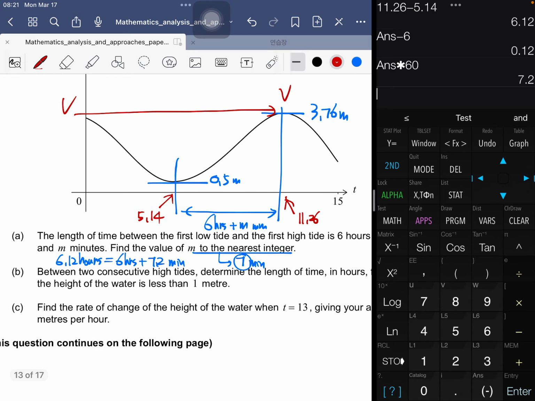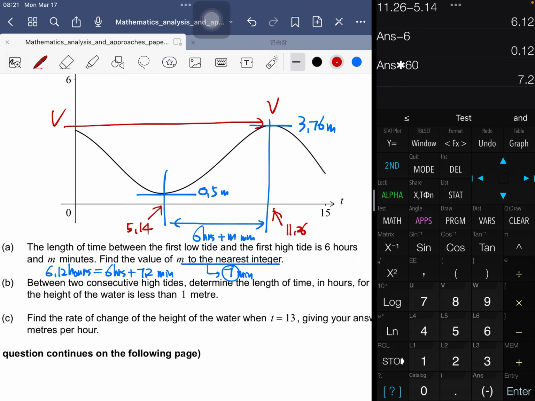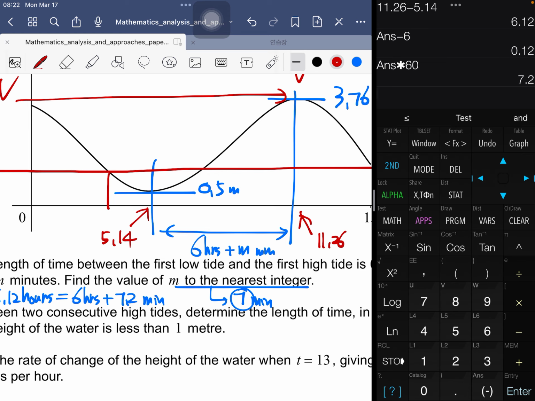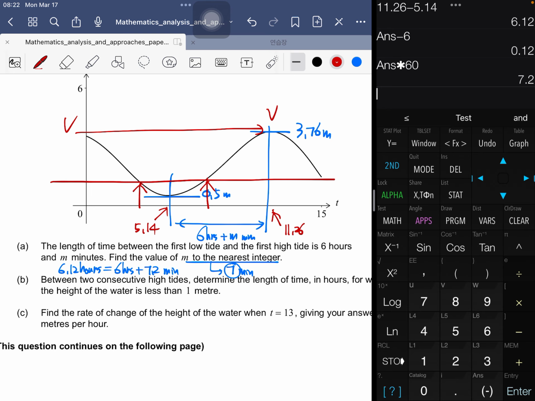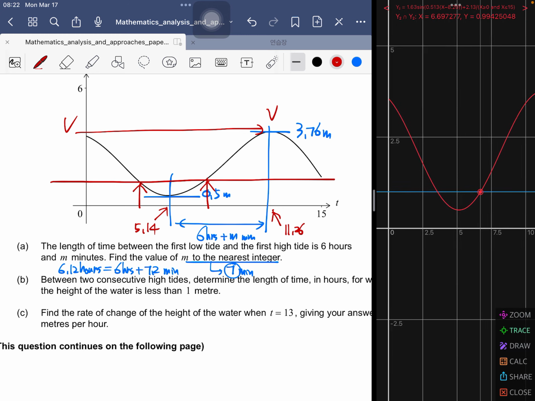To find the time in hours for which the height of the water is less than 1 meter, there's a 1 meter line around over here. So find the t value over here and there, right? All we can do is go to y and put y1 equal to 1 and see how the graph looks. So between two high tides, find the length of time.